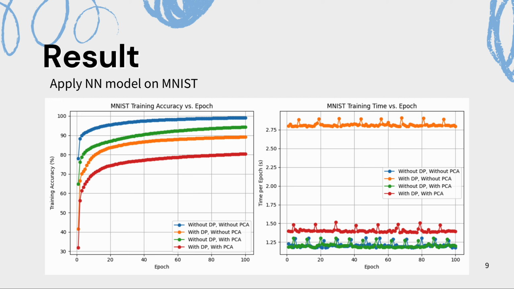From these two lines, we can see that PCA doesn't improve training accuracy when DP isn't applied. The yellow and red lines represent models trained with differential privacy. The red line includes PCA, while the yellow one doesn't. Also, applying PCA may slightly reduce the accuracy during training. We observed that training with both DP and PCA converges faster than DP alone without PCA.